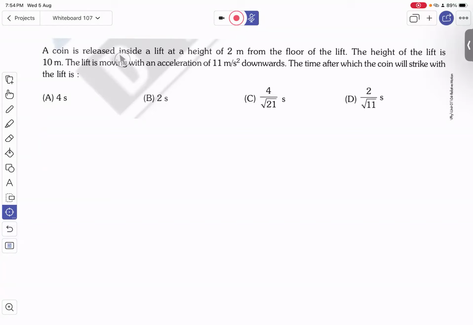Released means something going to start moving from rest. So with respect to what frame is it going to appear at rest? It will be from the frame of the lift. So they are forcing us to solve this question by being in the frame of the lift, which is not a stationary frame, which is a moving frame, correct?